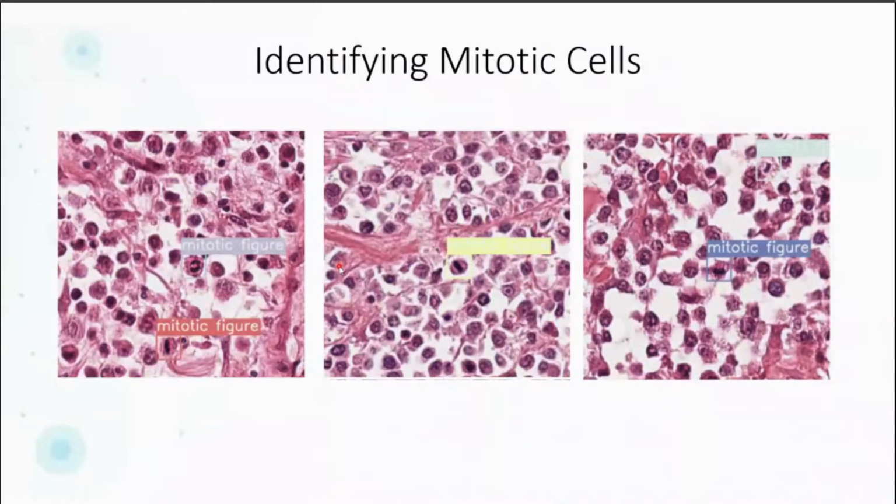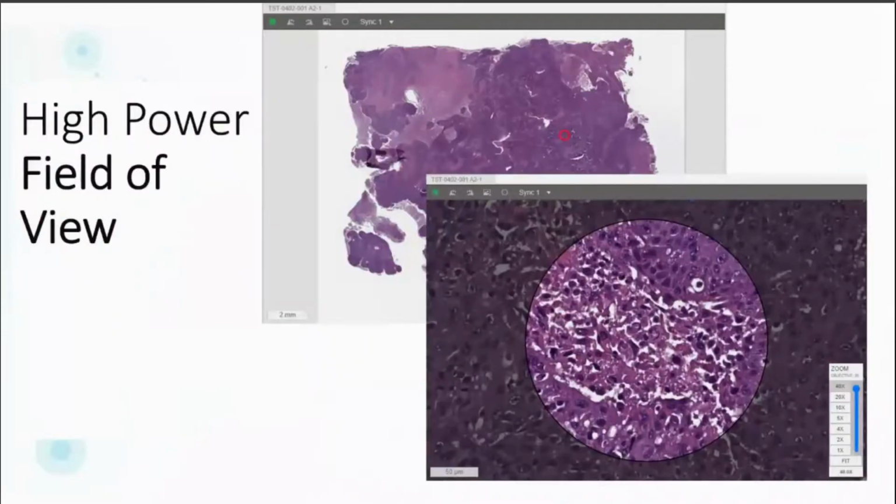So this is some examples of individual patches out of a whole slide image that are representing mitoses. One of the characteristics of the mitotic count is identifying the number of mitoses that occur within a high-powered field of view.